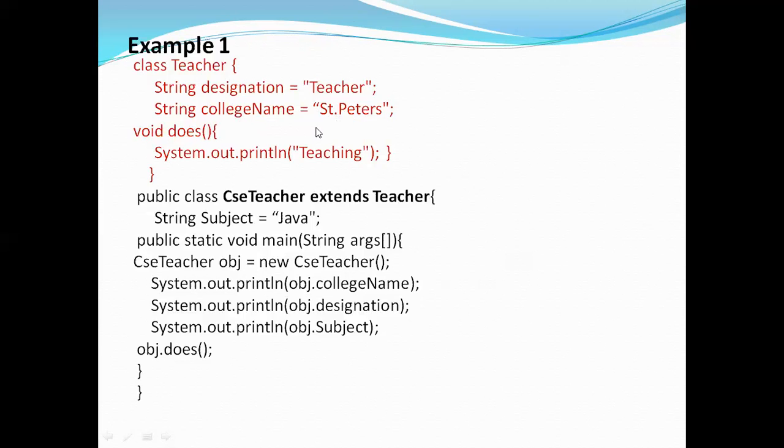Now these are the two variables, that is data members. Next I also have a method called does. Inside this does method I am printing the word teaching. It means in my parent class I have two variables, teacher and St. Peters, and I have a method called does. Now inside that method I'm printing teaching. So this is my parent class.